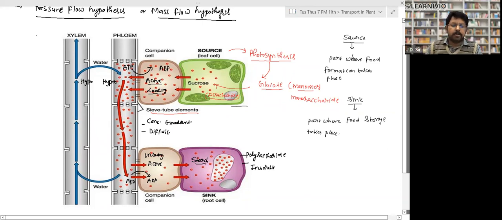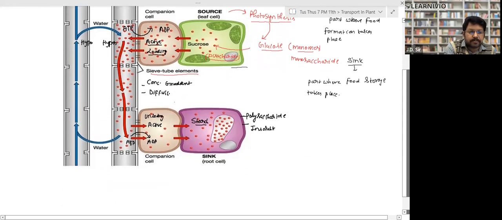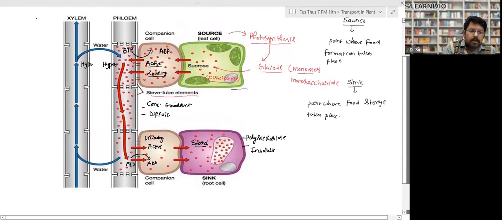Now, let me tell you how the source and sink relation takes place. Here, the source is the leaves, where photosynthesis takes place. Formation of food takes place in the form of glucose, but glucose is the monomer or monosaccharide. So transport of food does not take place in the form of glucose.